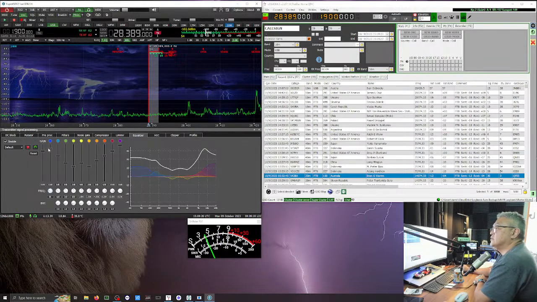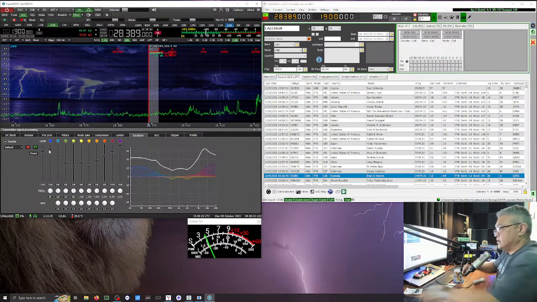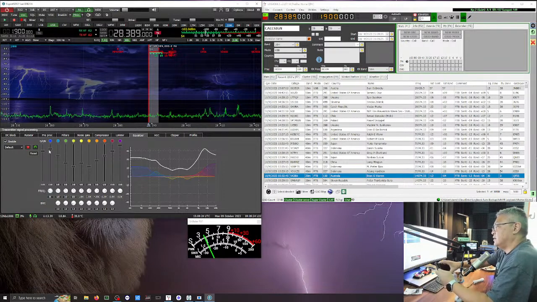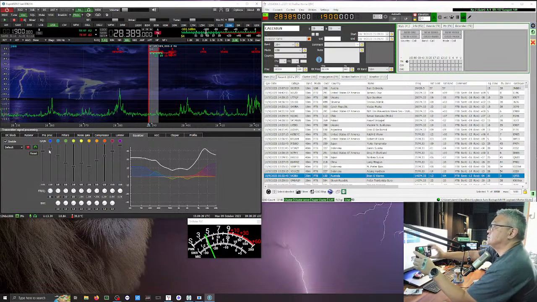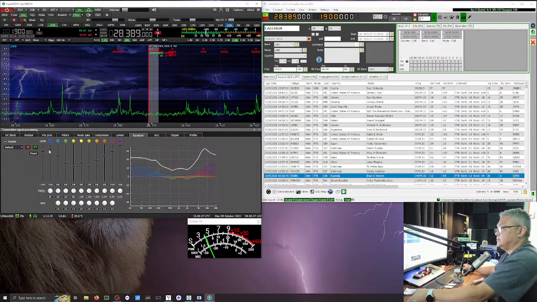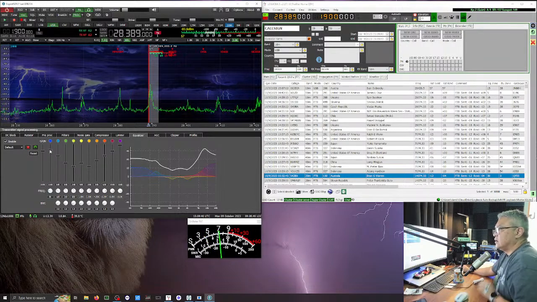All right, so you got too much space here. I'm gonna take a picture of this so I remember my settings for later. I need to set up a profile for DX. If you have a DX profile, let me see how that sounds.